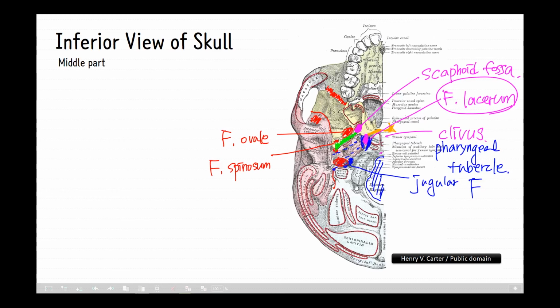This is the external orifice of the carotid canal and the internal orifice of the carotid canal. So the internal carotid artery runs in this direction, and around the foramen lacerum, it enters the middle cranial fossa.